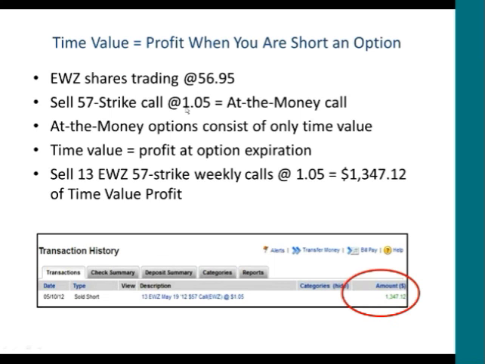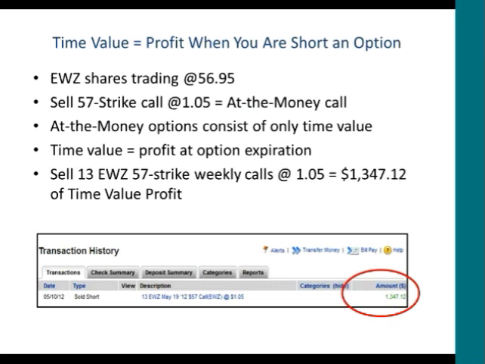This 1.05 is all time premium because it's an at-the-money call, and the strike price was higher than the price of the ETF. So again, at-the-money options consist of only time value, and that time value becomes profit at option expiration.